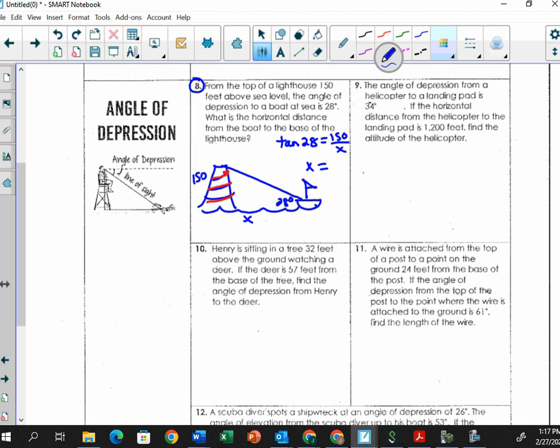Shout it out when you get x. And this would be feet, right? What's the trouble, Julian?